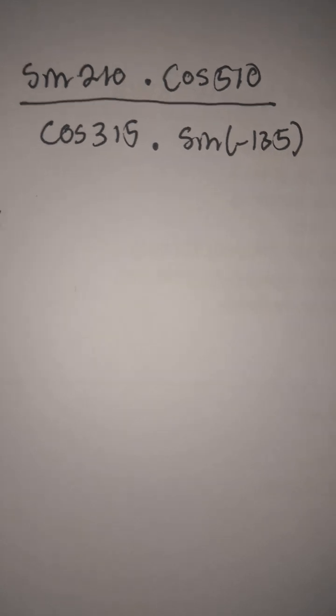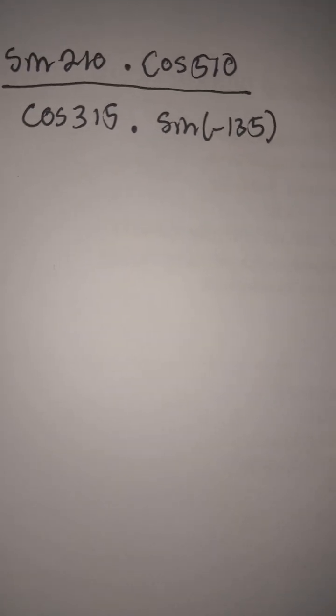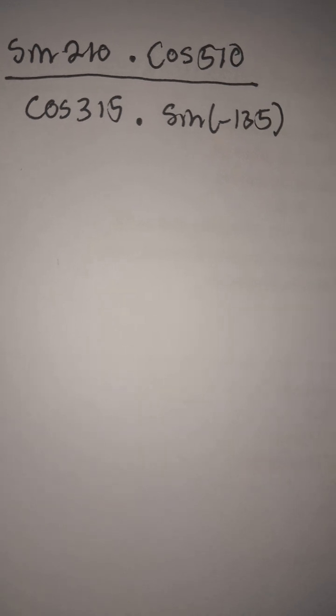So we are given sine 210, guys, so it's essential. Let's reduce that by subtracting 180. What is 210 minus 180? That will be 180 plus 30. So we are going to have 180 plus 30, which gives you 210.